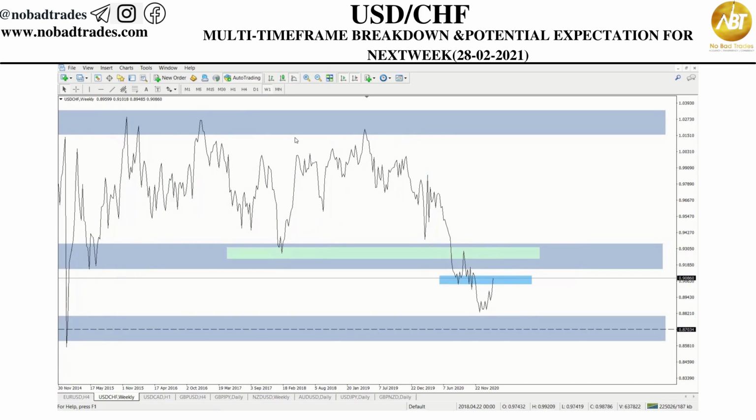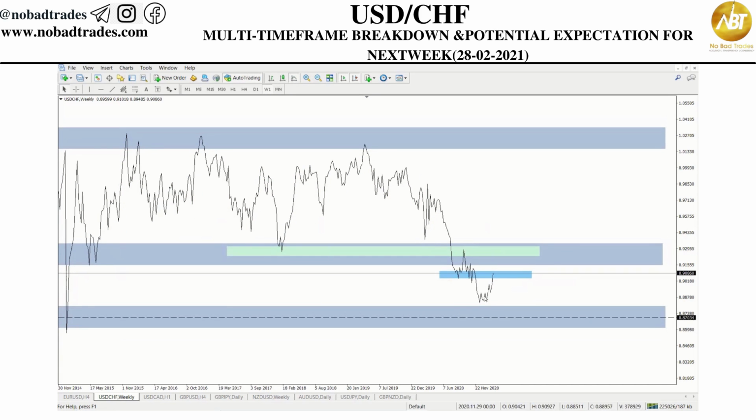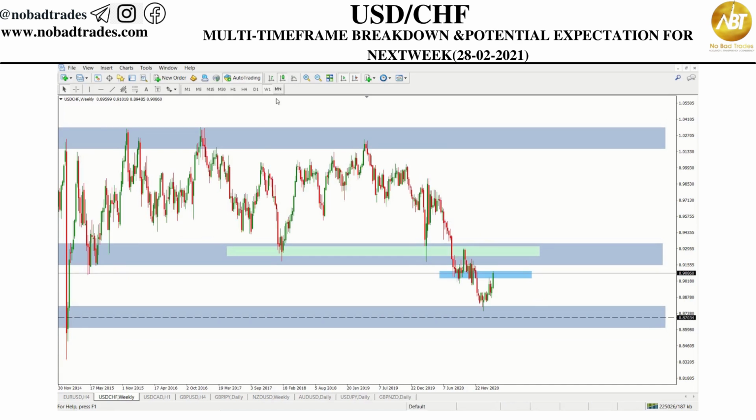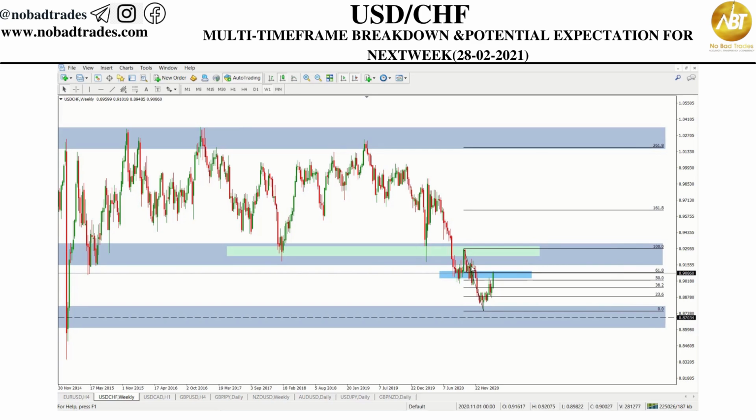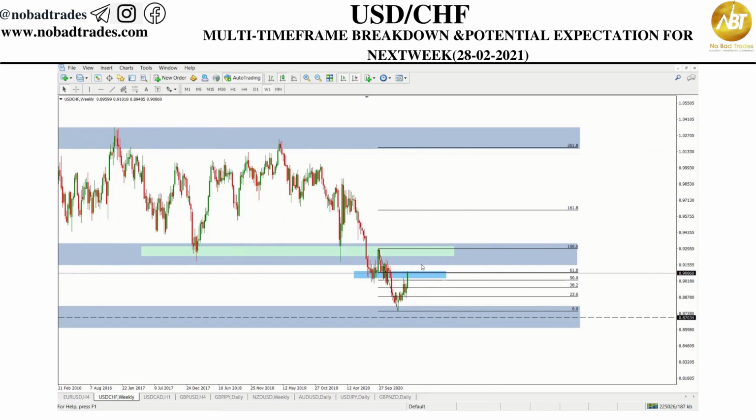So what has happened so far is that price has gone back to the 61.8 level, and we want to see what price is going to do. On the weekly time frame, price is still on a downtrend. So we want to see if price is going to reject this Fibonacci resistance and this area of previous support turned resistance, or if it's going to break it to the upside. That's what we want to make sense of.